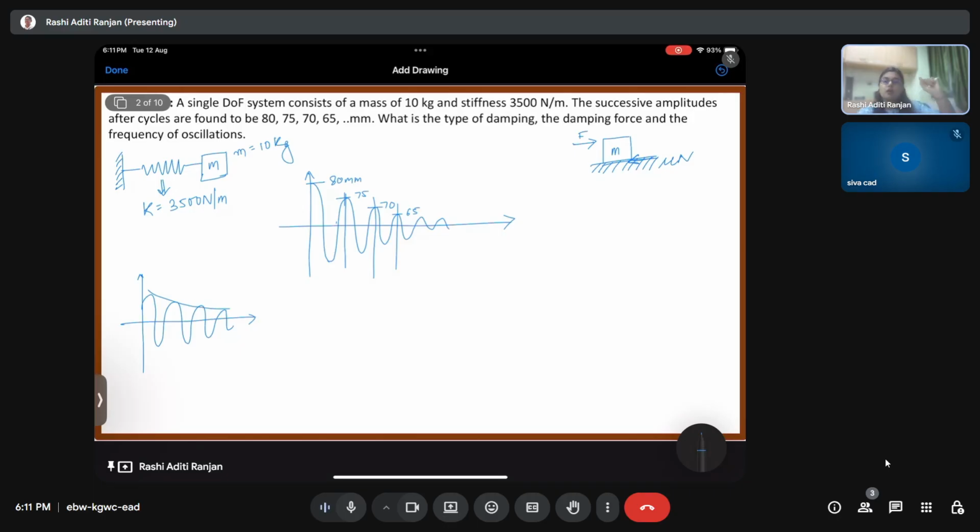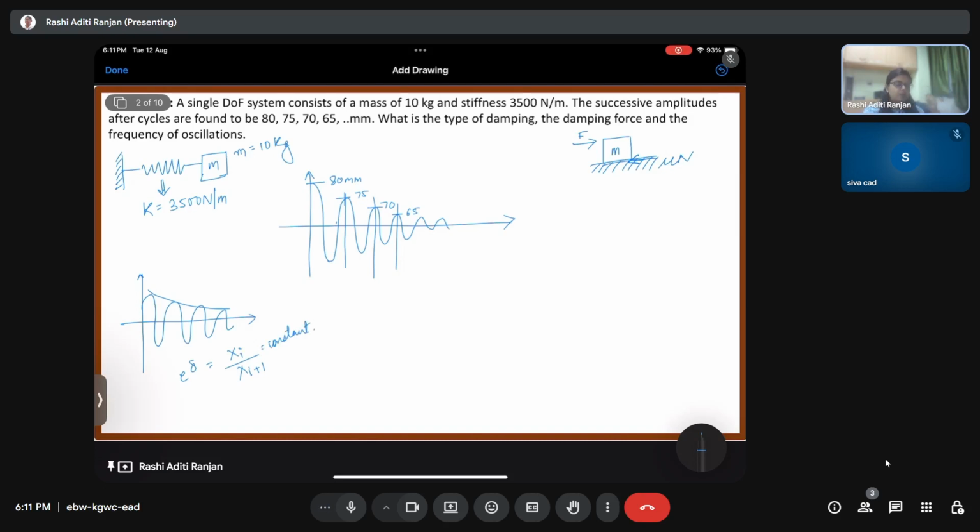If I join all the points of the maximum amplitudes, it was following a curve, right? And we had a relation on the basis of this, that e to the power delta, which was the ratio of x_i by x_i plus 1, was constant for any of the nth or ith cycle, right?